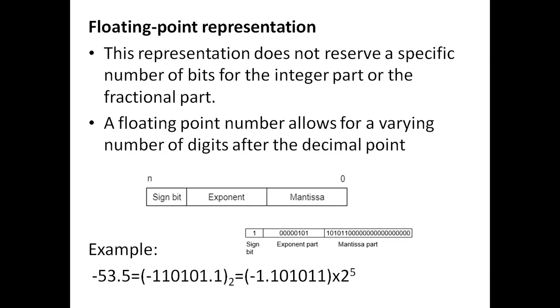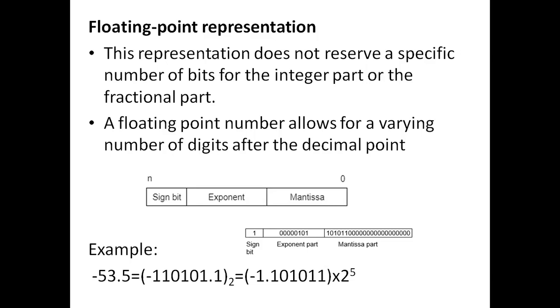Here also we use a standard notation. The notation structure has three fields: the first field is 1 bit, called the sign bit, the second field is the exponent field, and the third field is the mantissa.